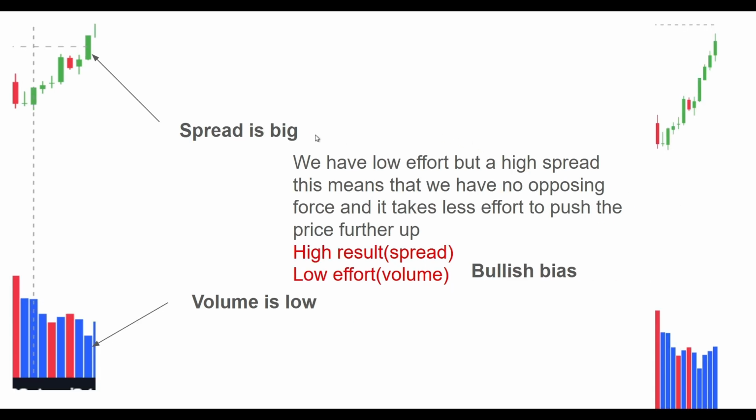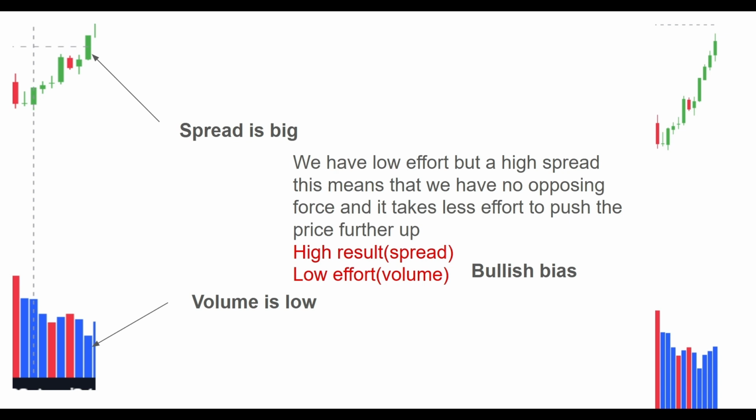The next point, you can see the spread is big, but the volume is low. The effort is low, but the result is big. So that will mean that the force that was required to push this price up was too low, and we never had any opposing force, so the result was big.